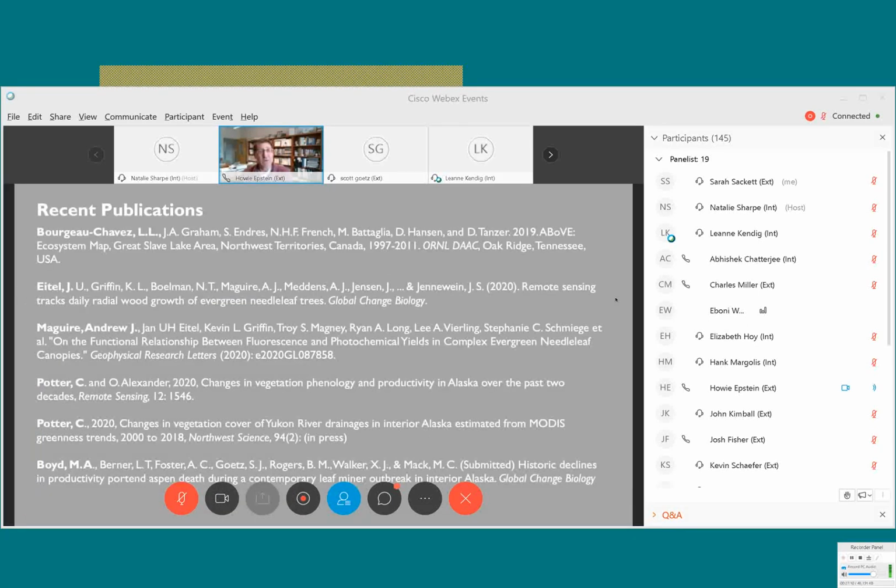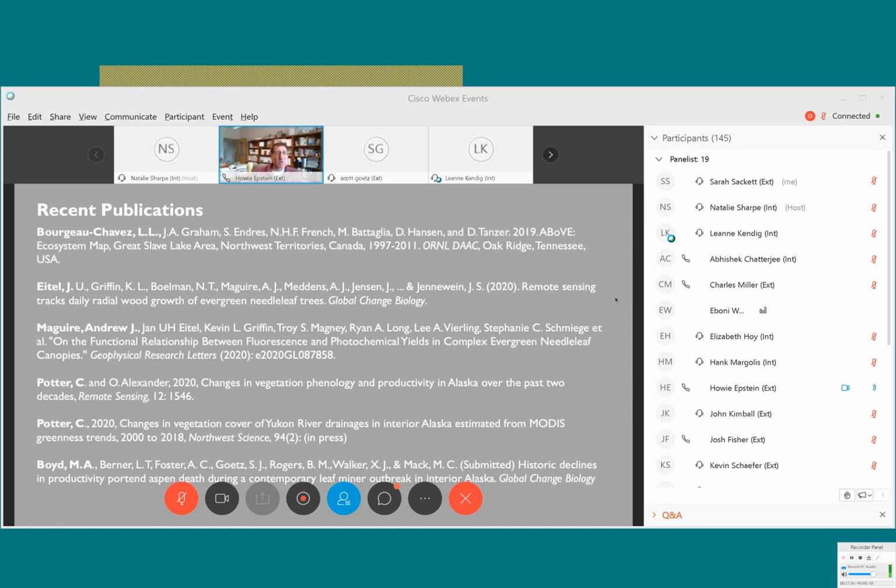So with regard to update, I did a collection of some recent publications by folks in the working group. These are papers that are published, in press, or submitted. A couple of papers, Burgos-Chavez and Idle et al. The Burgos-Chavez is the ecosystem map of the Great Slave Lake that is published at the DAAC.